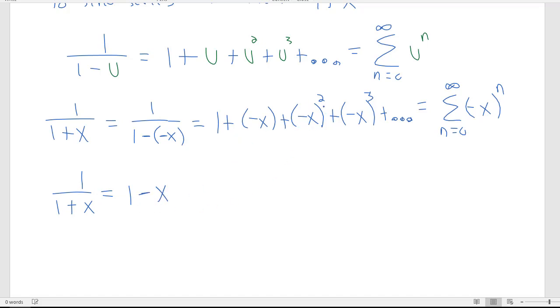When I square negative x, this is really negative x times negative x, which is positive x squared. And then negative x cubed is, again, negative x times negative x times negative x, which is going to be negative x cubed. So obviously when the exponent is even, I get a positive. When the exponent is odd, I get a negative. So we're getting an alternating series here.